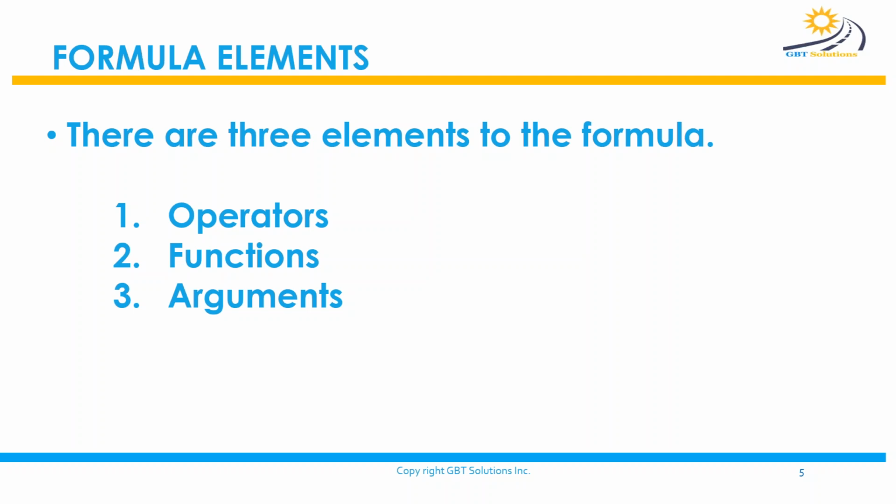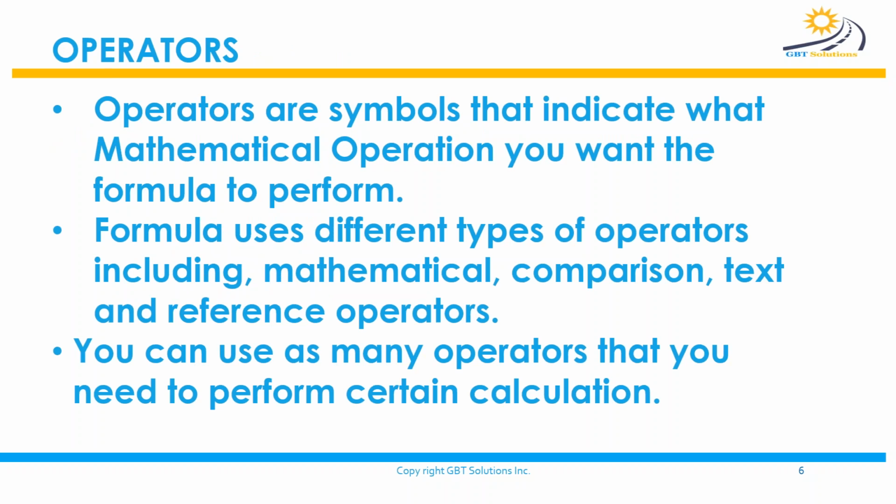Those are the functions. The argument we will see when we come to it. The argument is the information that we derive from other cells, or some logic we use in the formula.